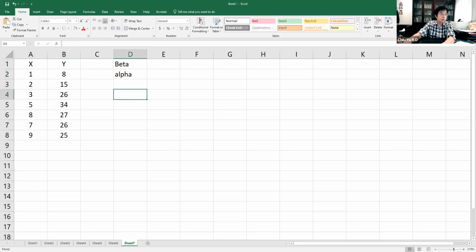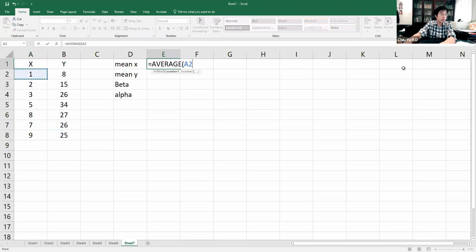The first thing you want to do is maybe get the mean of x and the mean of y, because that will be used. That's easy. The mean of x is just the average of this x.